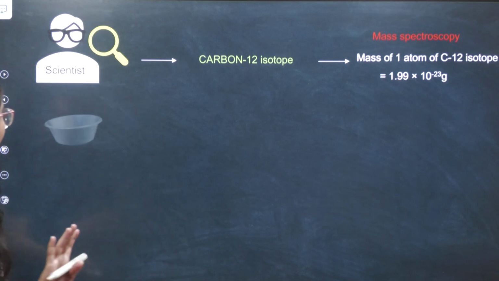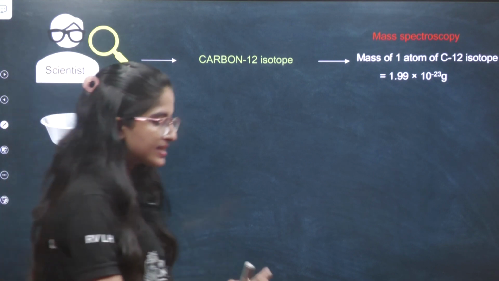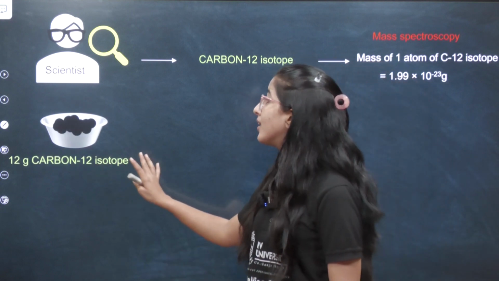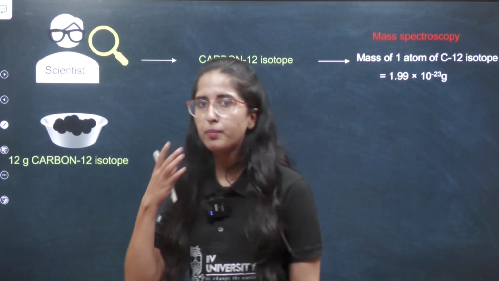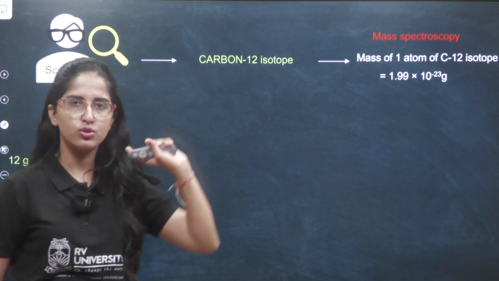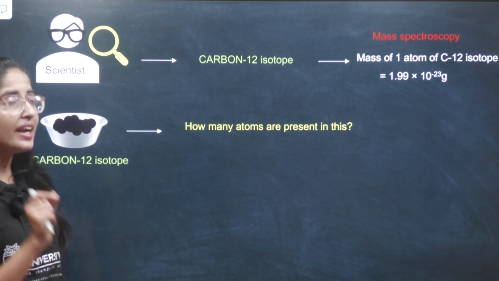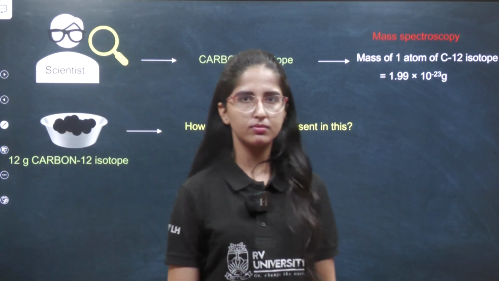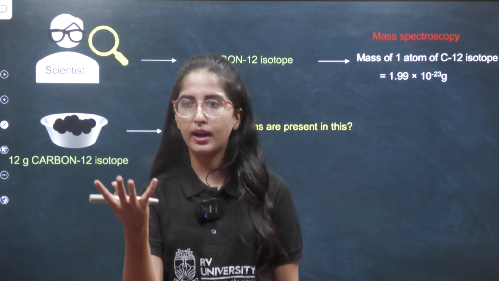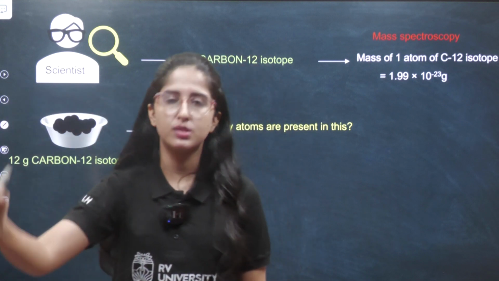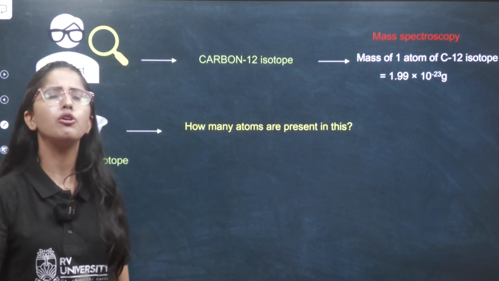Just wait. In the next step, they took a bowl. In this bowl, they added 12 gram of the same carbon-12 isotope. Now they wanted to calculate how many atoms are present in these 12 grams. How can you do this?